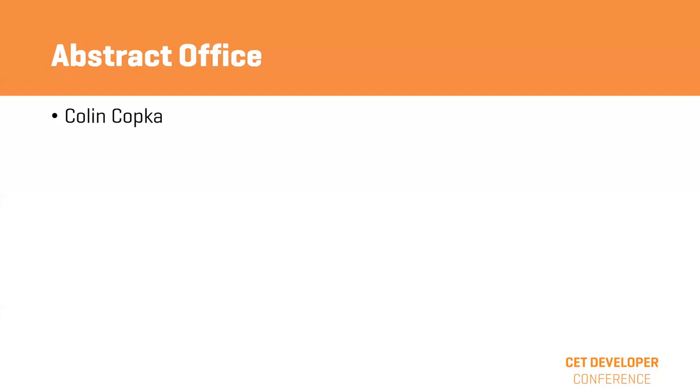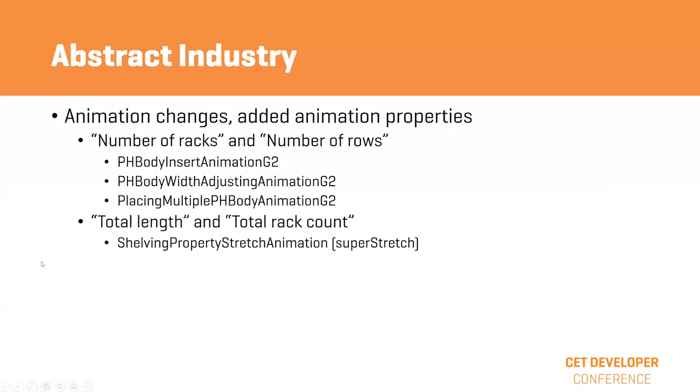So from Colin's very big presentation on what has been changed in Abstract Office, we're going to a bit smaller changes in Abstract Industry. There are a few animations there that have been given additional animation properties. So in case you have extended those to add those animation properties, you may be able to remove that in your current implementations.